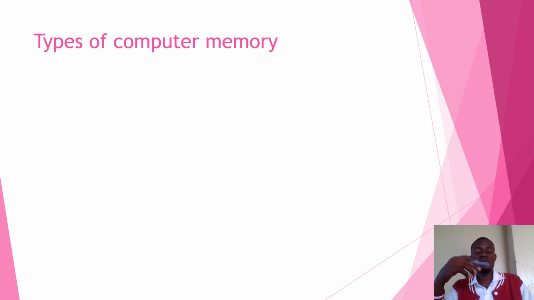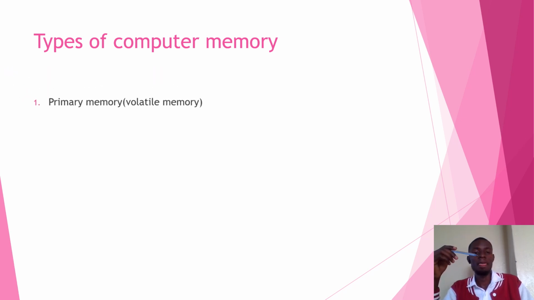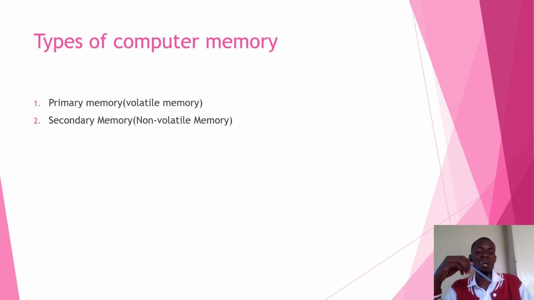And now, let's look at the types of the computer memory. They are basically 4, as we shall look at them one by one. And the first one is the primary memory. The primary memory is also known as the volatile memory, as we shall look at it in details as we continue with our learning. The other type is the secondary memory. This one is also known as the non-volatile memory. The third one is the cache memory.